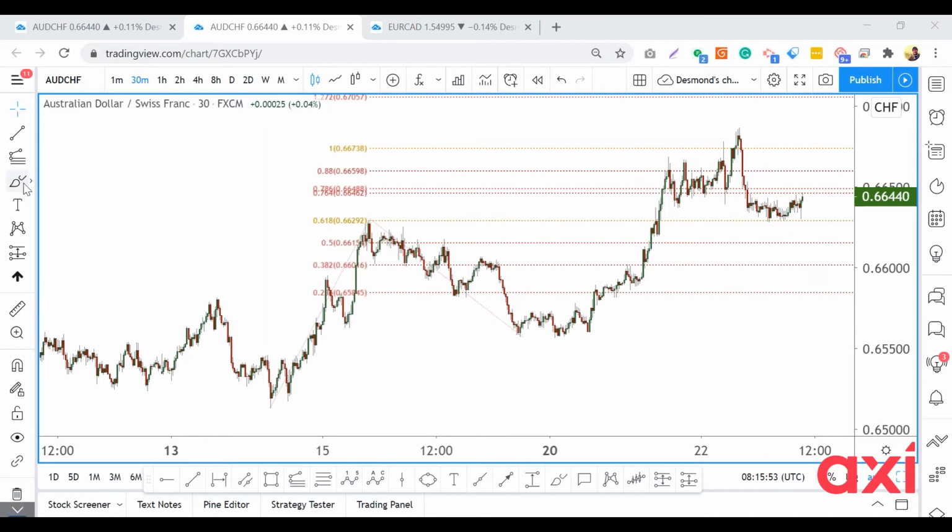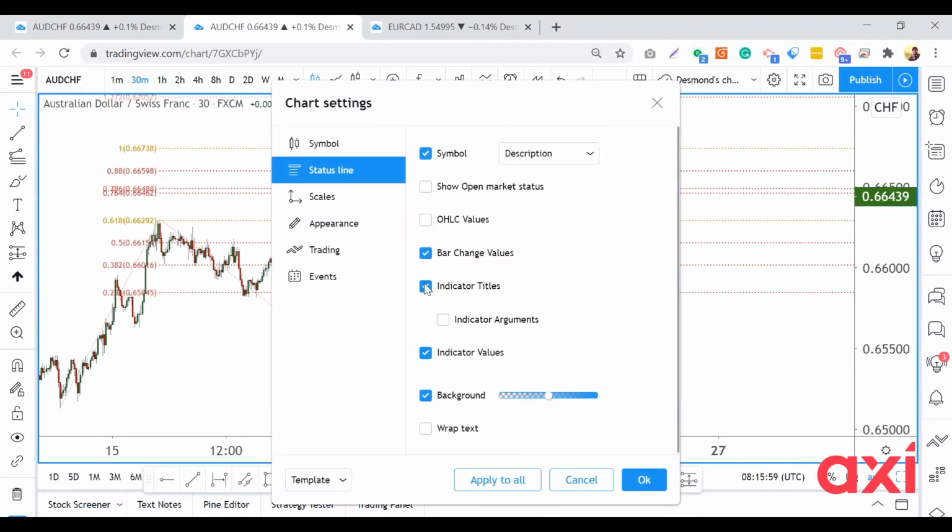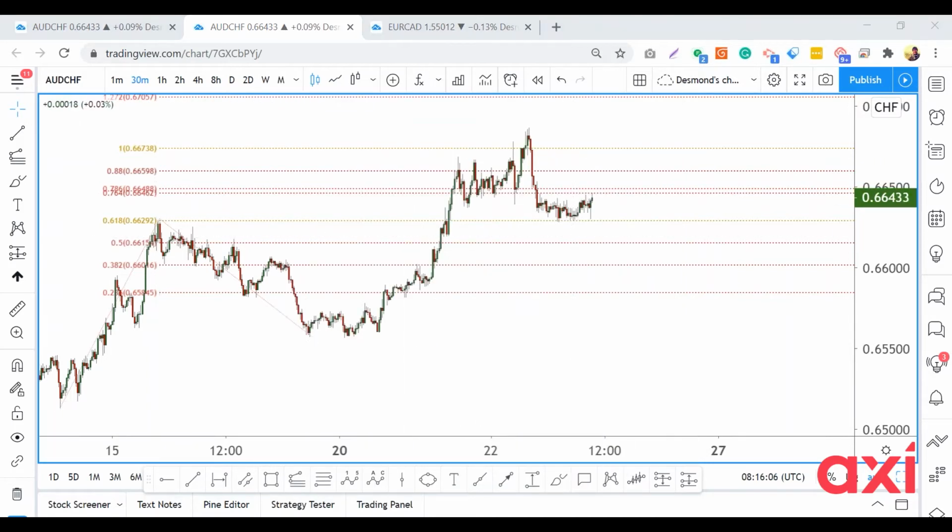Sorry, I had a private message coming through. Right, how a Fibonacci extension works is that, just give me a second, guys. Indicate values symbol. Okay, got it. Sorry. Yeah. Sorry, compliance reasons. Anyway, guys.